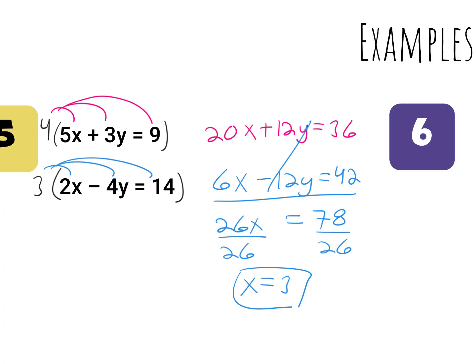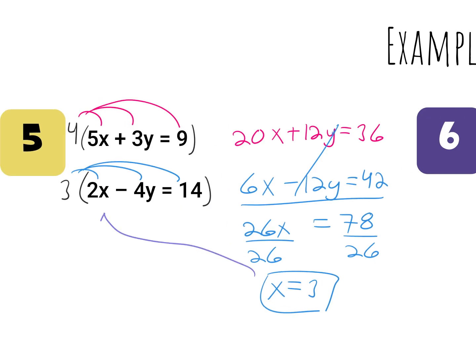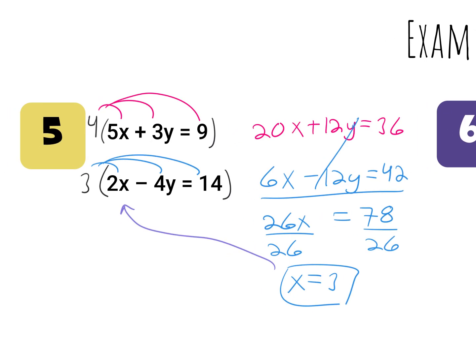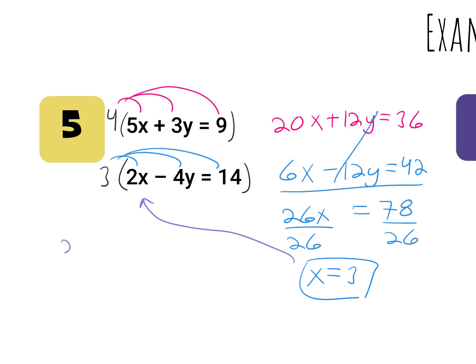What can I do now to find y? Plug it back into one of our two equations. It doesn't matter which one. I'll just plug it into the second one. Let's plug that in for x. So we get 2 times 3 minus 4y equals 14. That's going to get us 6 minus 4y equals 14.